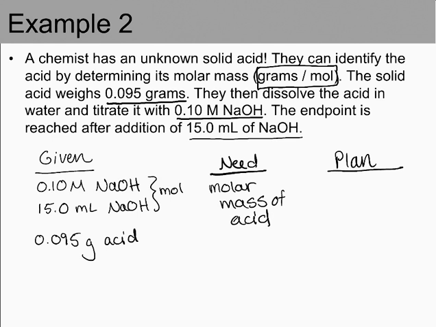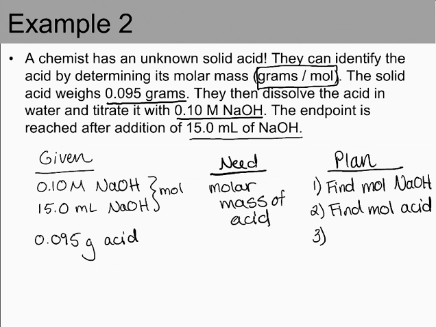All right, so our plan here: first, let's find the moles of the base, because then we can relate that to moles of acid. And then third, we're going to find the molar mass of the acid.